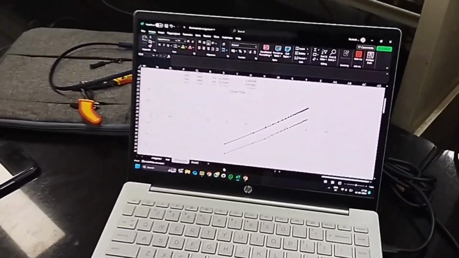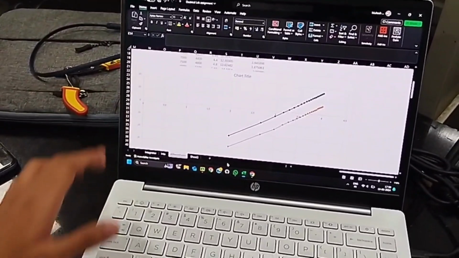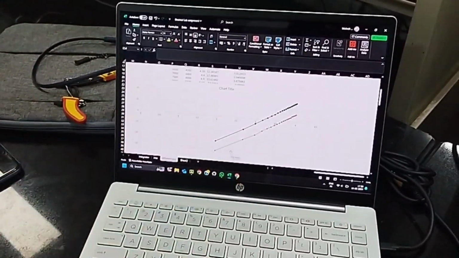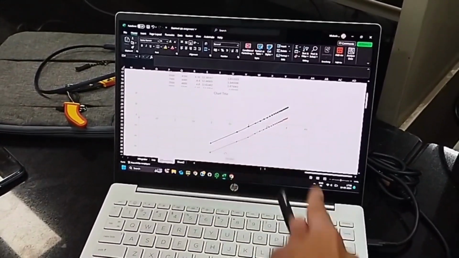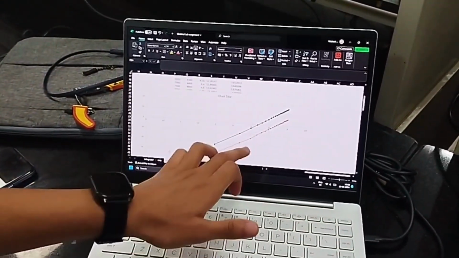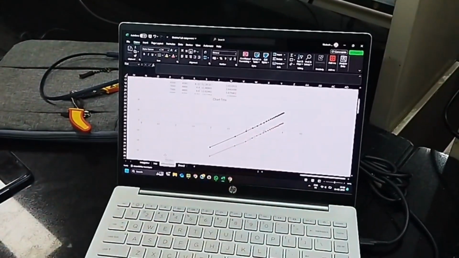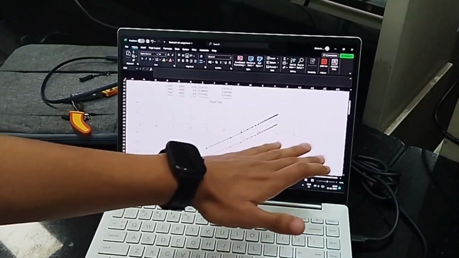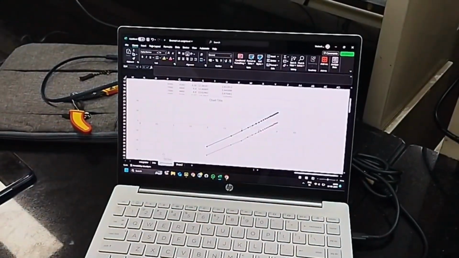So on the y-axis we have the dB gain, and on the x-axis we have the log values of the frequency. So we can see this is a high pass filter. For high values, it passes the voltages quite easily.